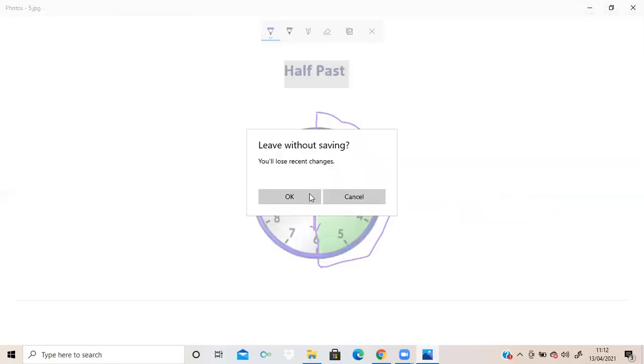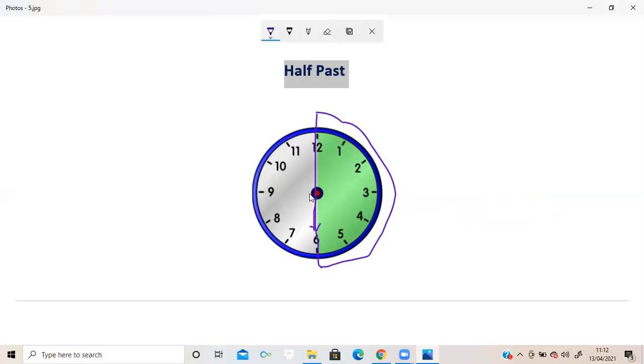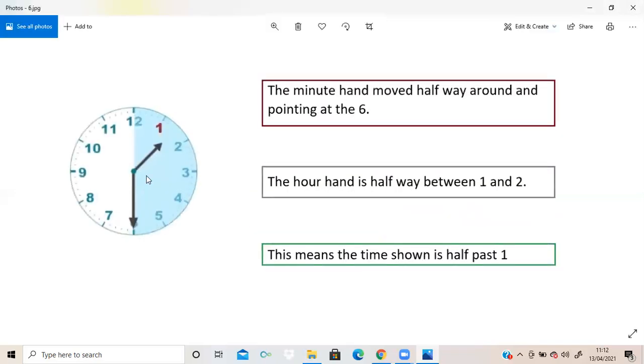Let's go to the next page. Look at the clock face. The minute hand moved halfway around and is pointing at the 6.